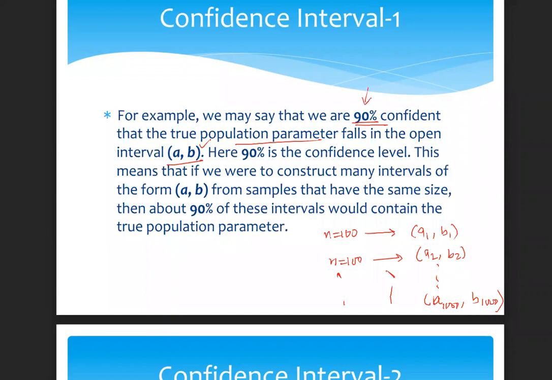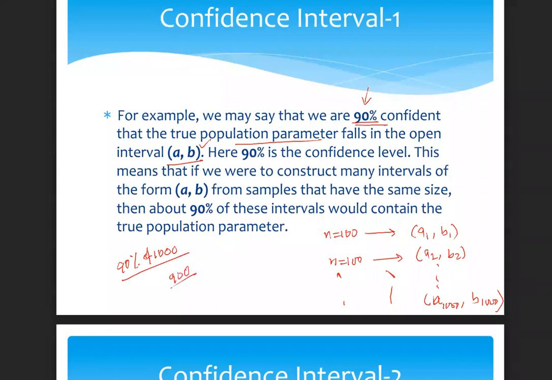90% confidence level means that out of this 1000, 90% of 1000 of them will actually include the actual population mean or proportion that you're looking for, or in general, the actual population parameter that you're looking for. So 90% of 1000 is 900.